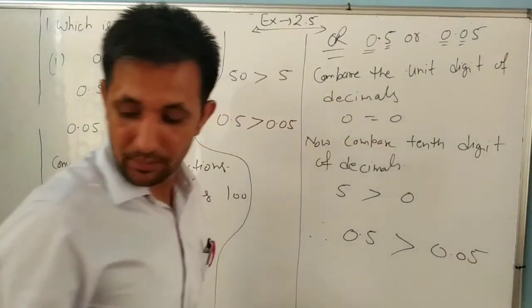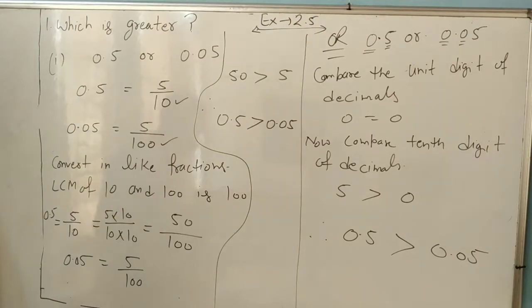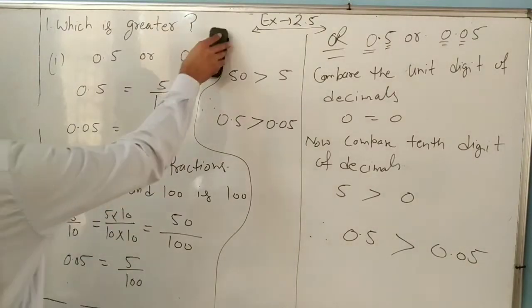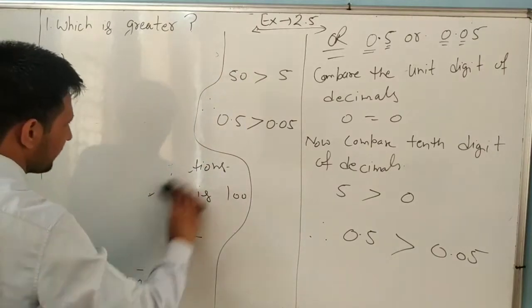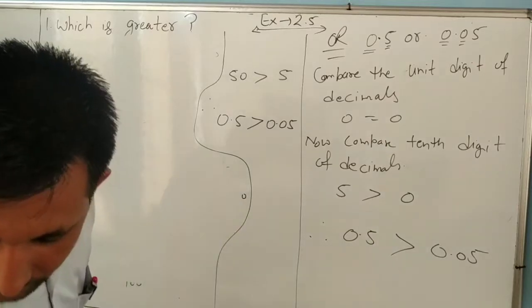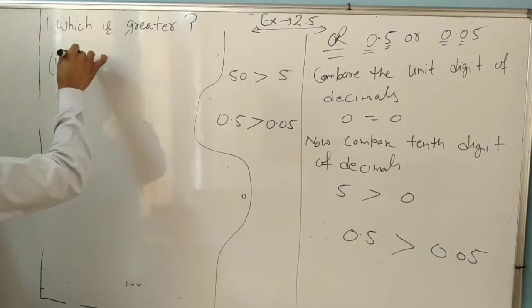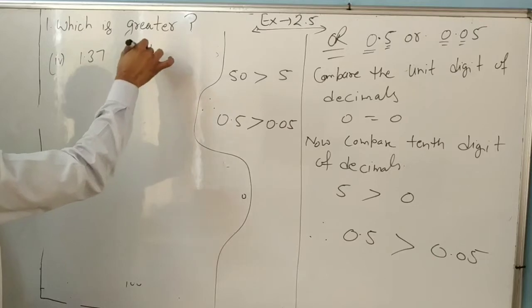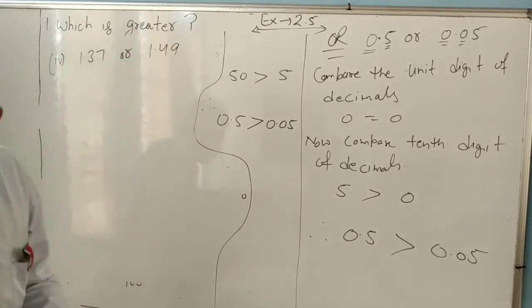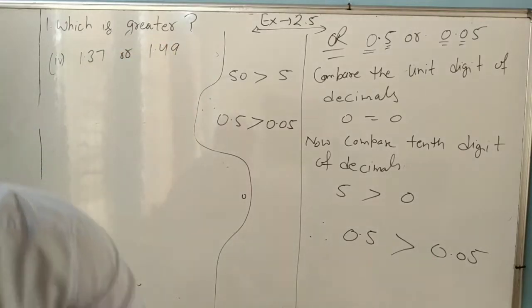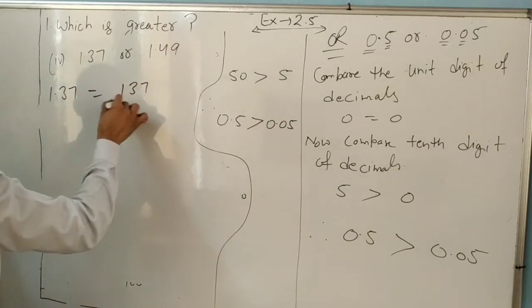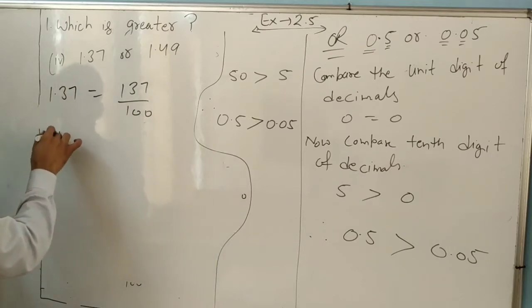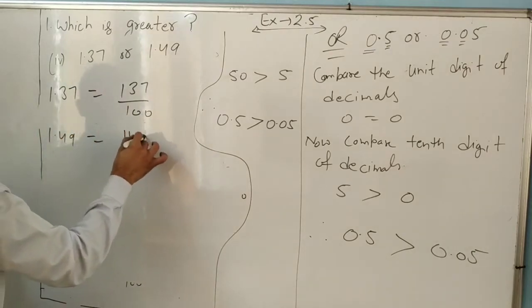One more part. Look at part number 4. Okay, we want to do the 4th part now: 1.37 or 1.49. So look at what we will do. 1.37, remove the decimal: 137 by 100. 1.49 is 149 by 100.